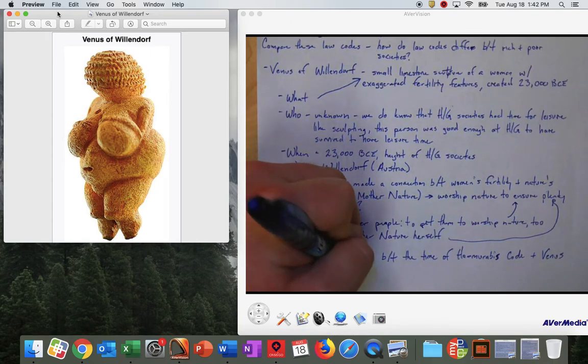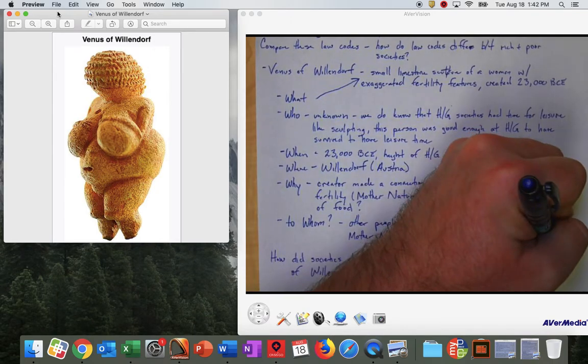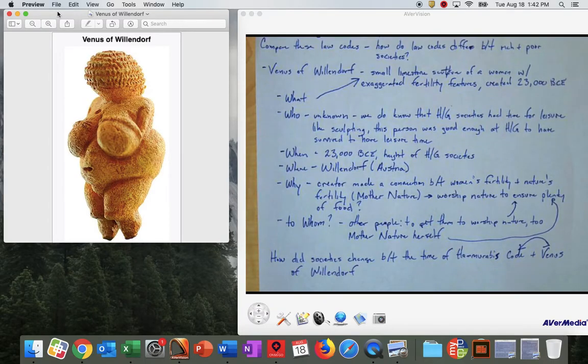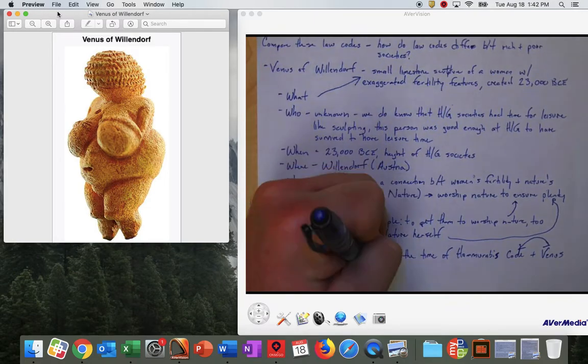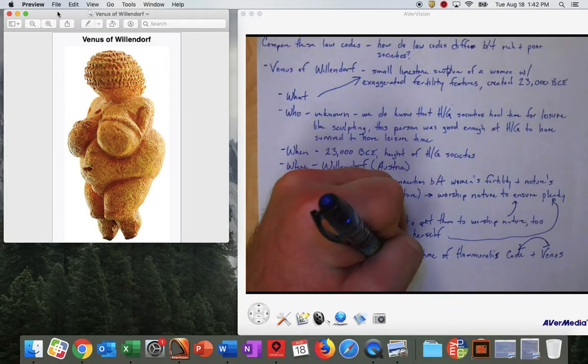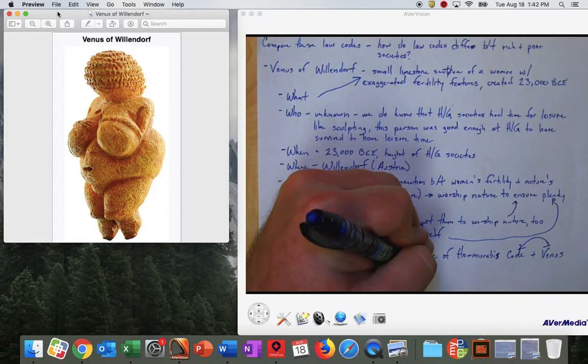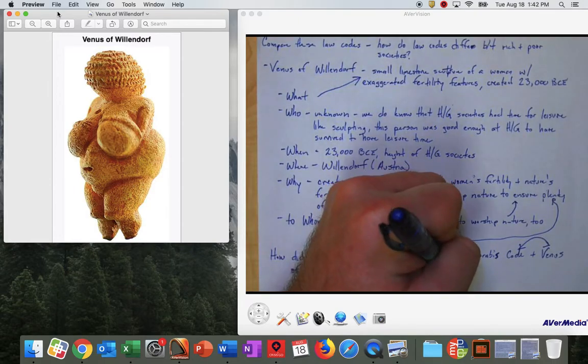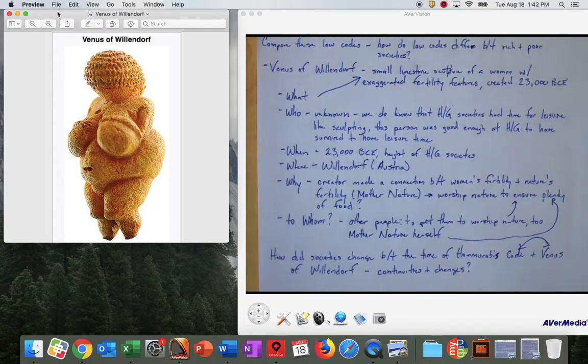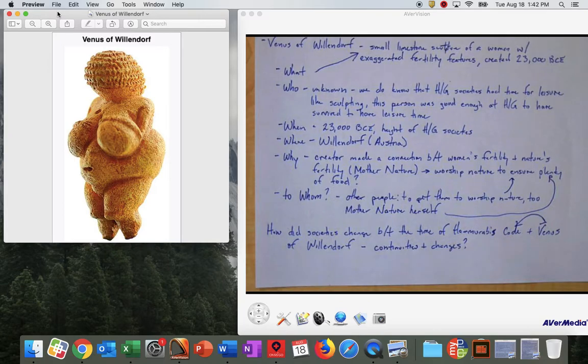Actually, we should probably switch those. So how did societies change between the time of the Venus of Willendorf and Hammurabi's Code? So what kinds of continuities and changes? And again, we're not going to focus on that for right now, but those are the types of questions that we can answer now by sourcing these documents.